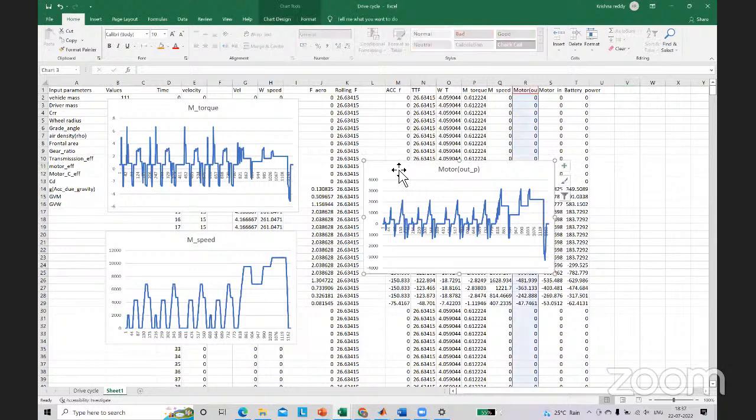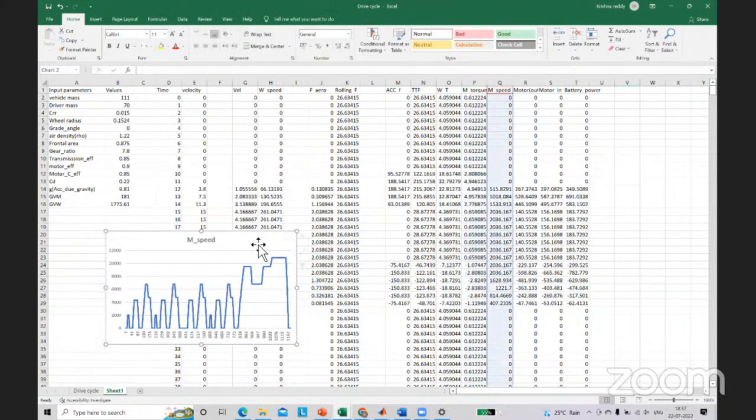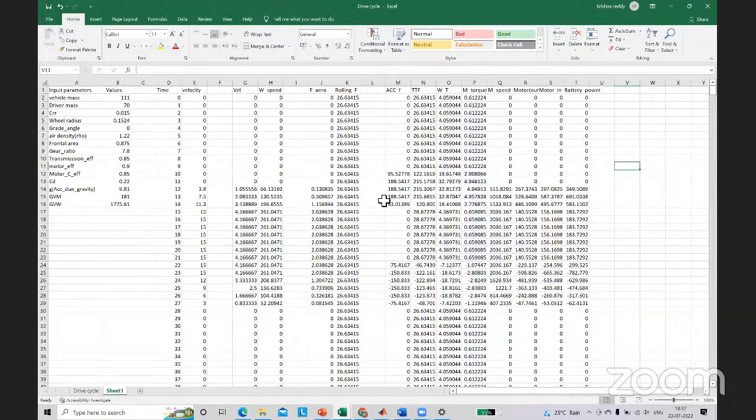Once we consider deriving it to some data, sizing our final value, we have to go for a lot of iterations with a lot of drive cycles. Then only can you get to know the nominal values.